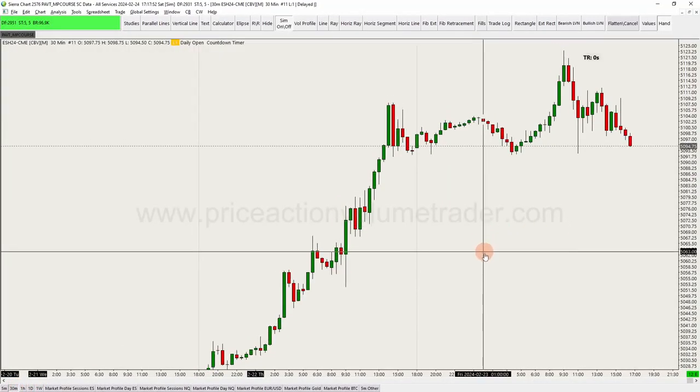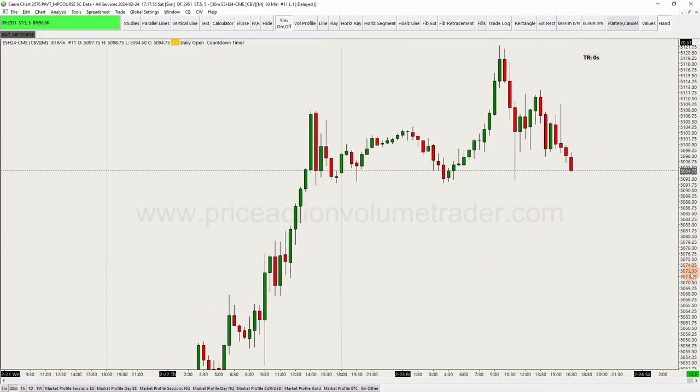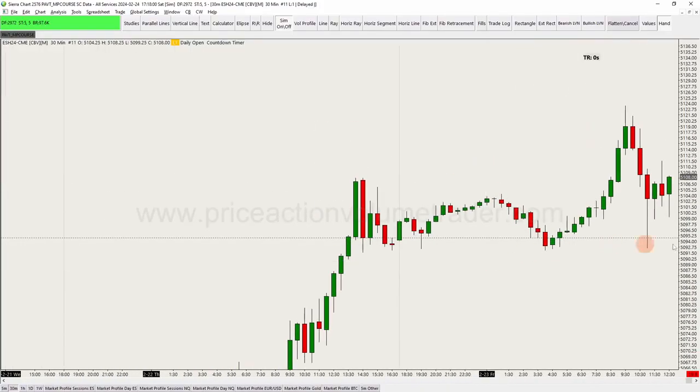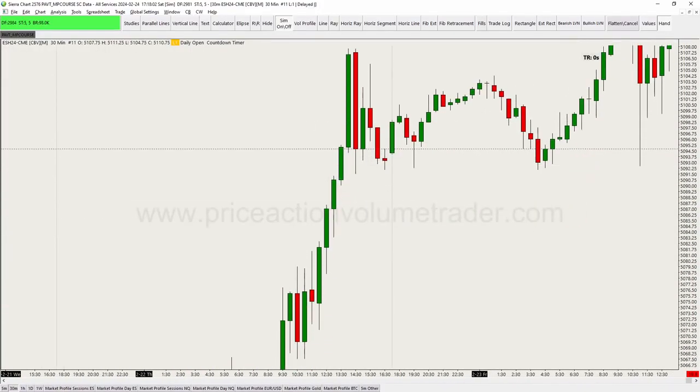What they call the fair value gap is basically the equivalent of a single print. It's when, for example, with this candle right here, you have a candlestick, and to the left you have the top wick of the previous candle, and to the right you have the bottom wick of this one. So this area right here is what those style traders will call a fair value gap.